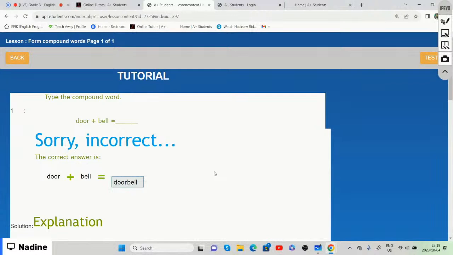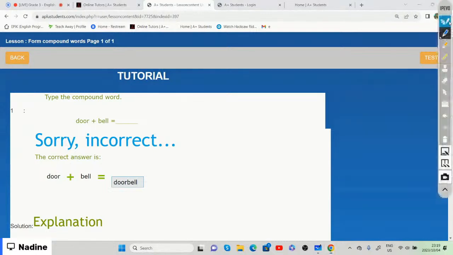So if we find the compound word of door plus bell, then we can say it is doorbell, right? That is door plus bell, and that is doorbell.